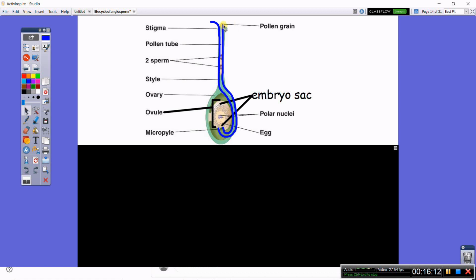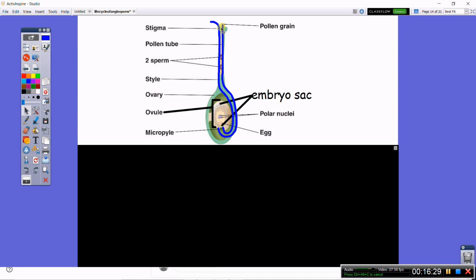So if these are the same species, then when the pollen grain lands on the stigma, the pollen tube will form, and it will go all the way down the length of the style. It will wrap around, and it will join on to where the micropyle is, where the entrance to the ovule is.